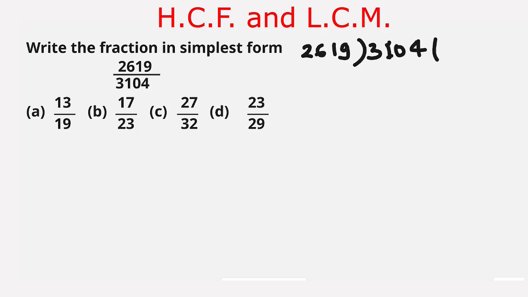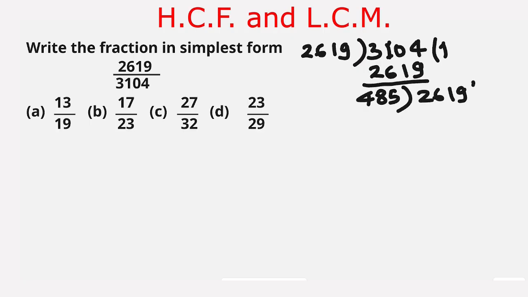So we divide 3104 by 2619. 2619 divides 3104 one time. On subtracting 2619 from 3104, we get 485. Now we divide 2619 by 485. 485 divides it 5 times. 5 times 485 is 2425.